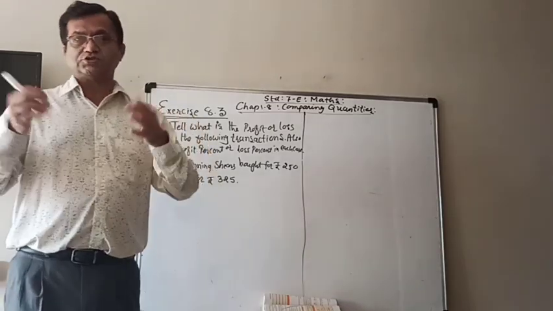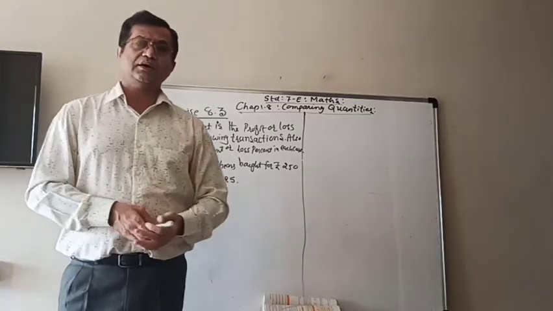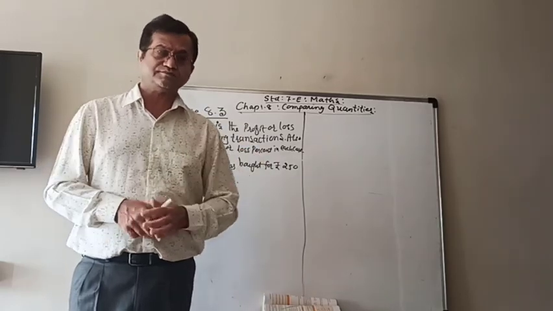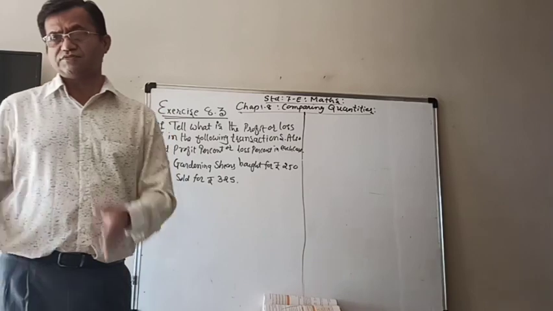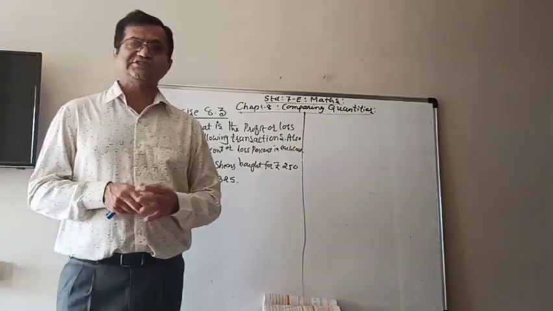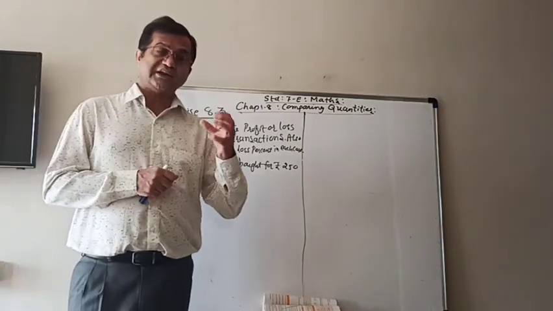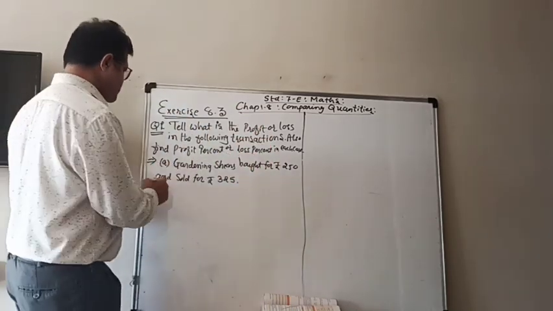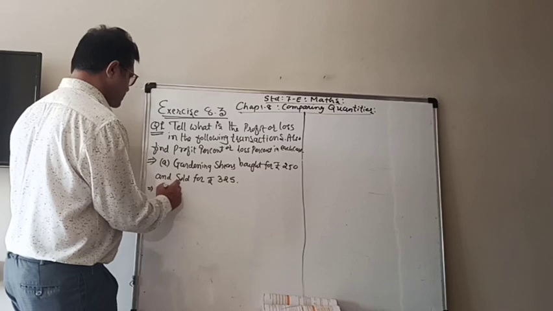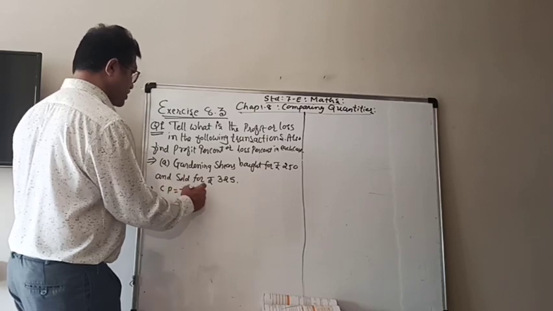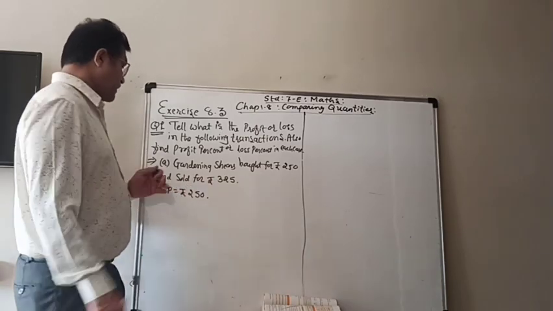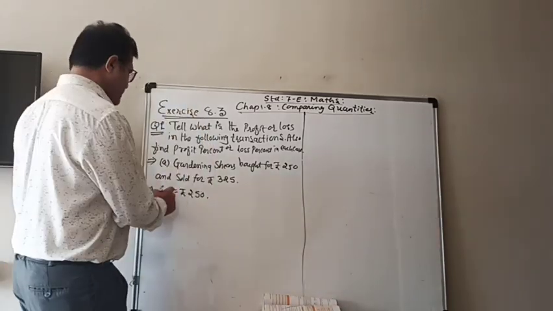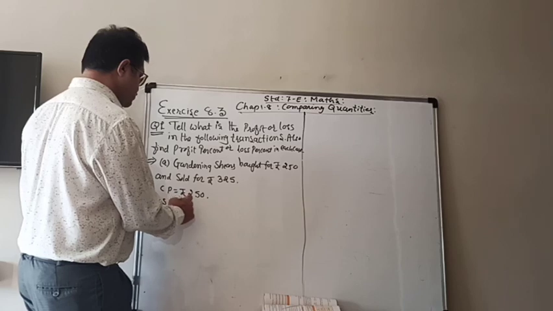Gardening shears are used to trim the plants. It is like a big scissors-like thing which can cut the plants in a proper way. So that is bought for rupees 250, meaning here CP is equal to rupees 250, and sold for rupees 325. So SP is equal to rupees 325.